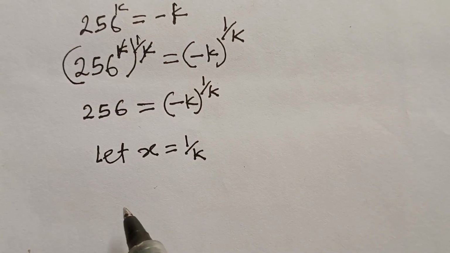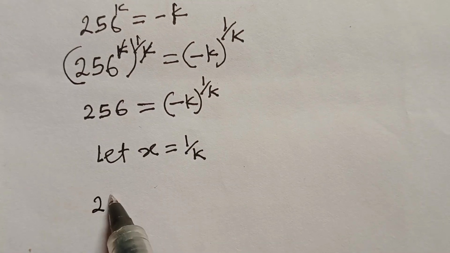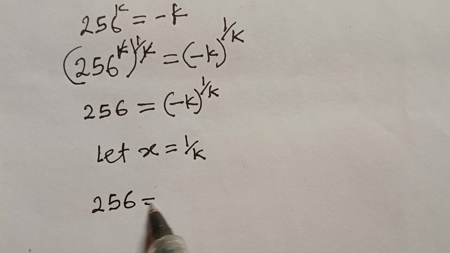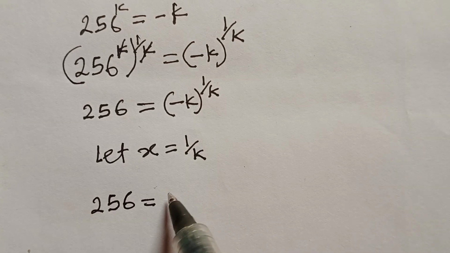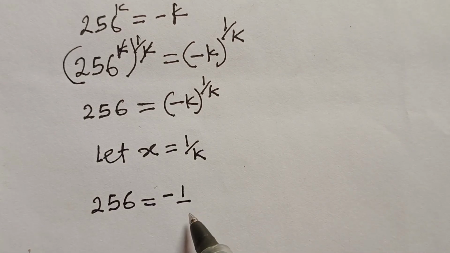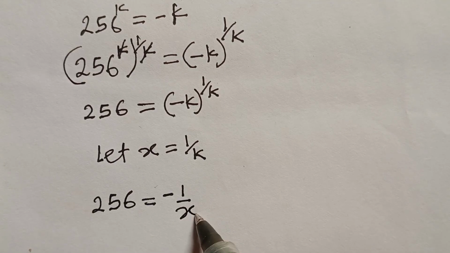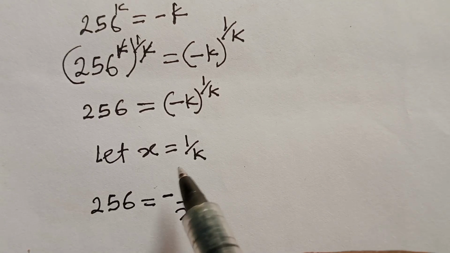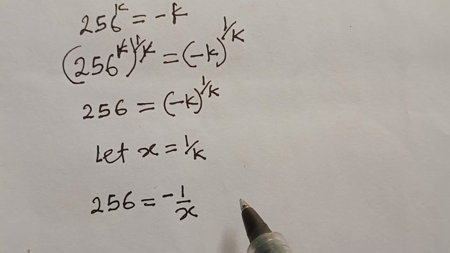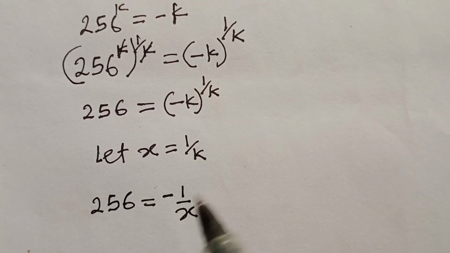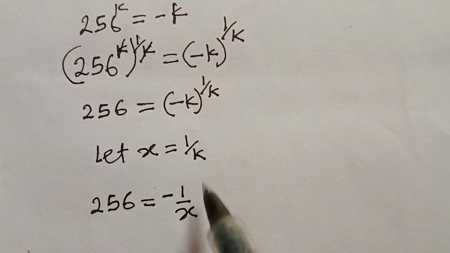So therefore, we will now have 256 equal to minus 1 over x, because when x is equal to 1 over k, then k will be 1 over x.